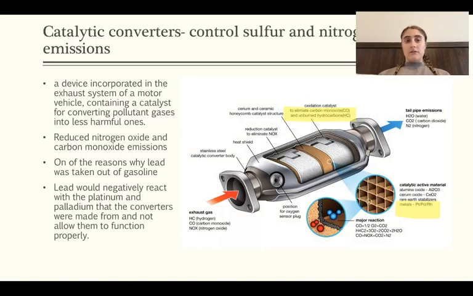Okay, catalytic converters. So catalytic converters are used mostly to eliminate the nitrogen oxide emissions that are coming from your vehicle, and carbon monoxide emissions, actually. So this is part of your exhaust system, although it's usually closest to your engine, or close to the motor of your car. And the whole idea behind it is it uses these semi-precious metals, things like platinum and palladium, to basically filter out the emissions that are coming from the combustion off of your engine.